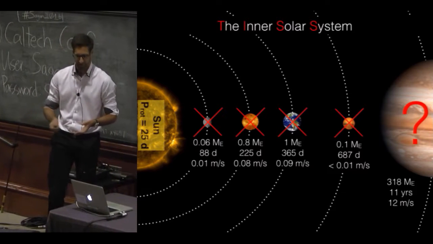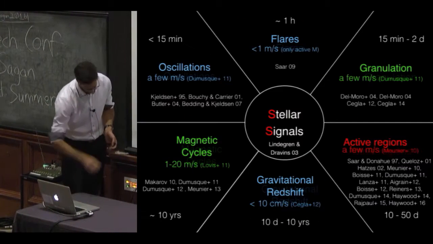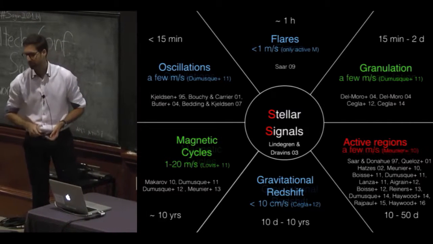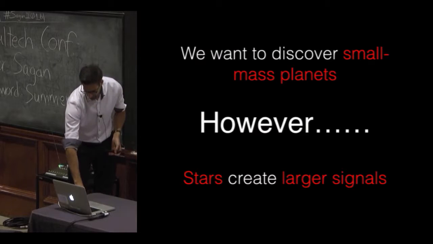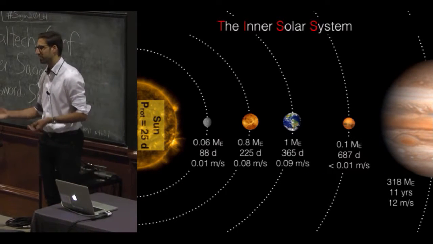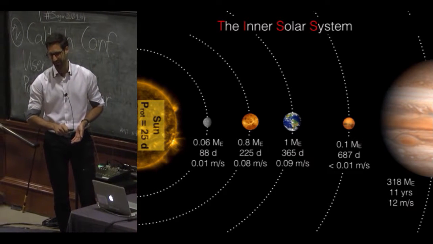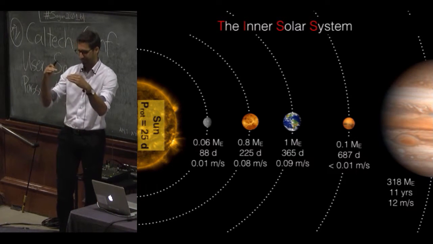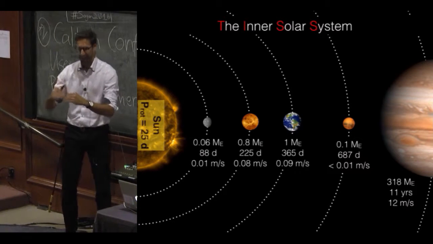Jupiter is also a problem because, as I showed you before, the effect of the magnetic cycle is over several years, and it can be 10 to 20 meters per second. The magnetic cycle on the Sun is 11 years, and the orbital period of Jupiter is 11 years. So they are probably not in phase. So perhaps you can find a solution to decorrelate the magnetic cycle and the effect of Jupiter.